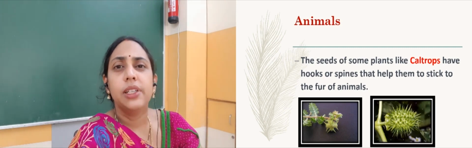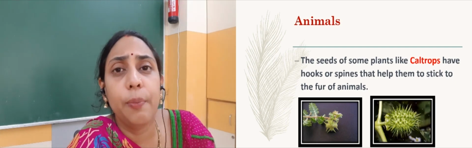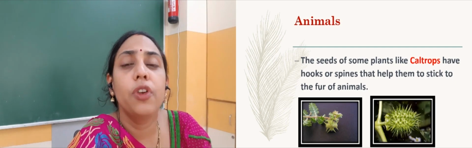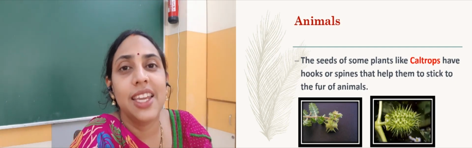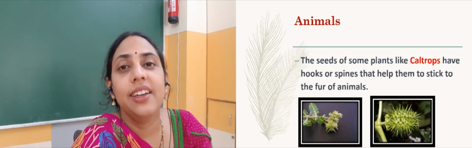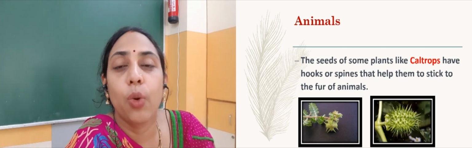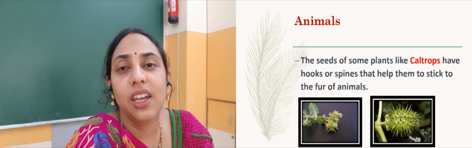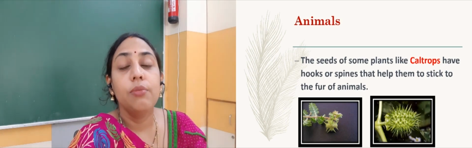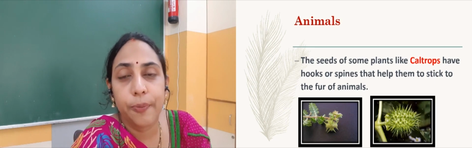And animals never stay in one place, they keep moving from one place to another. So when these animals move from place to place, these seeds get scattered in different places with the help of their body, and once they get all the required conditions, they can grow into a healthy plant, right? So that is how animals help the seeds to get dispersed.